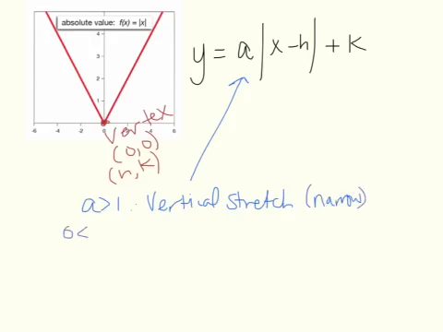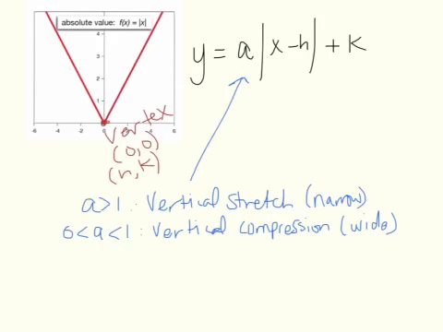If our a is in between 0 and 1, that means it's like 0.25 or 3/4, something in between 0 and 1, then we're going to have a vertical shrink or vertical compression, which means it's going to be really wide. So if we're having a stretch, that would be a stretch because it got more narrow. A compression would have gotten wider like that, like the black line. So I'll put this here if you need to go back and look at it.